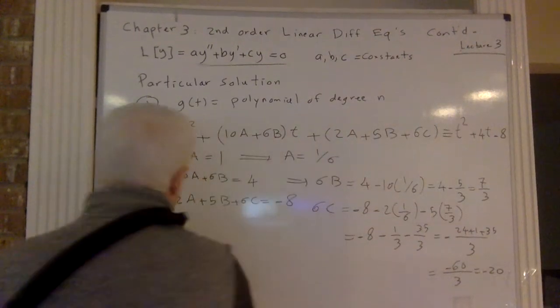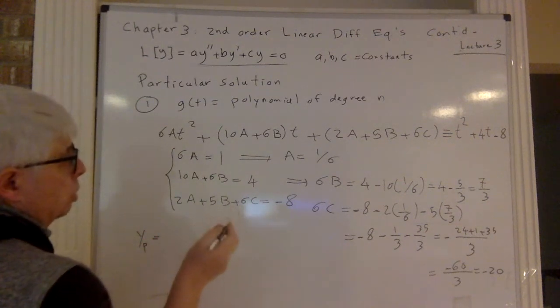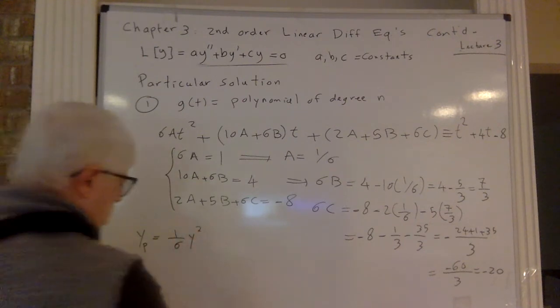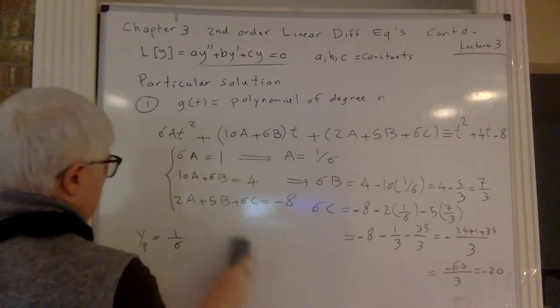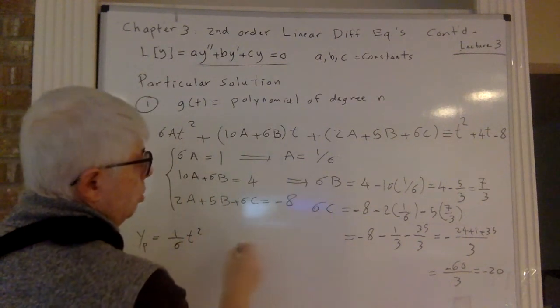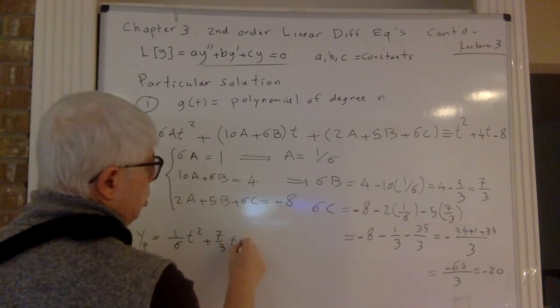So the particular solution in our situation is, what was it, 1/6 t squared plus 7/3 t minus 20.